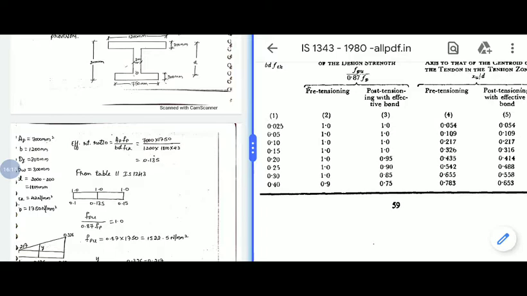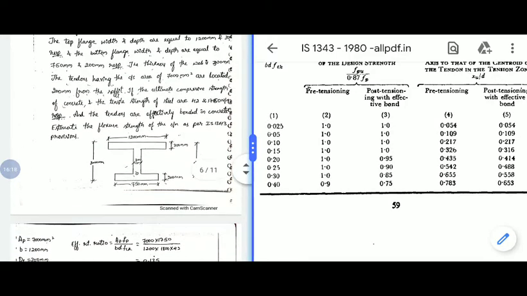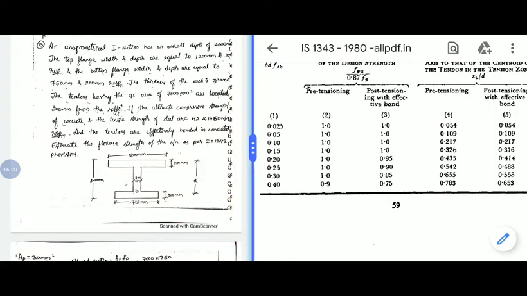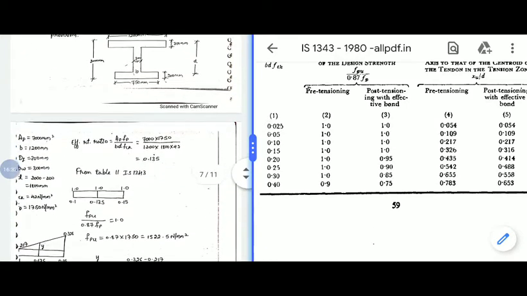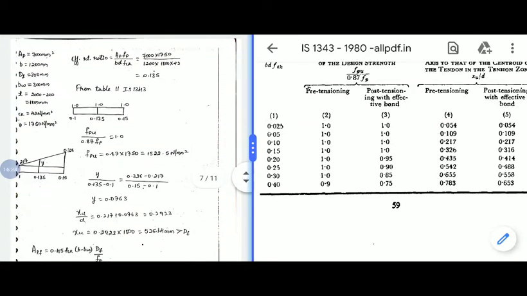So here it is not given whether it is pre-tensioned or post-tensioned. The tendons are given as directly, effectively bonded in the concrete. So there is no question of grouting, there is no question of post-tension. So directly we will consider it as pre-tensioning only.